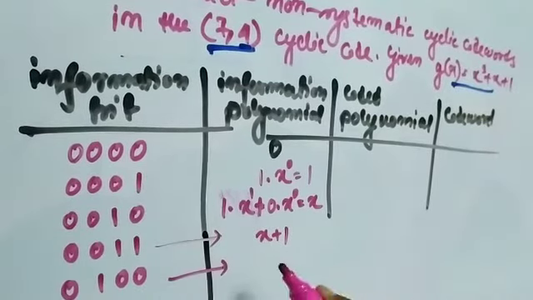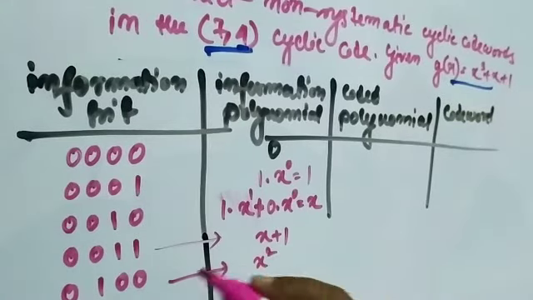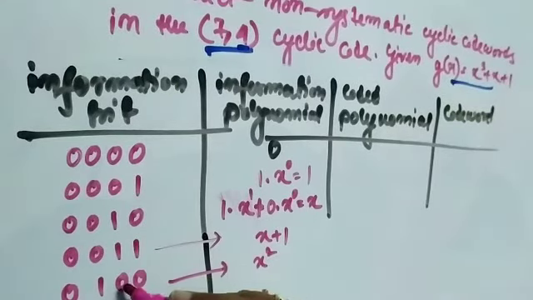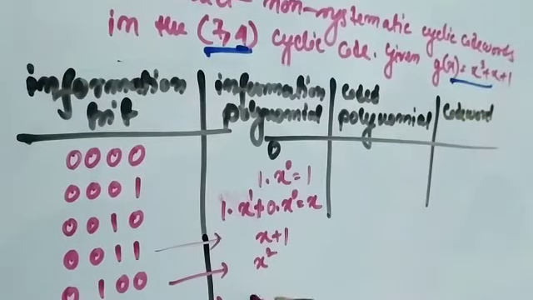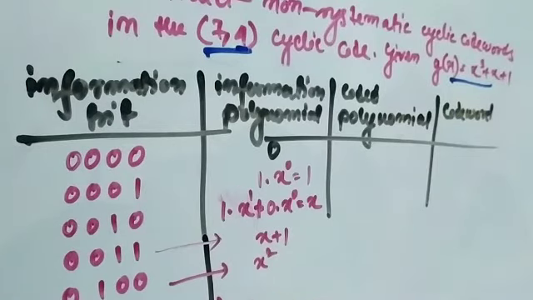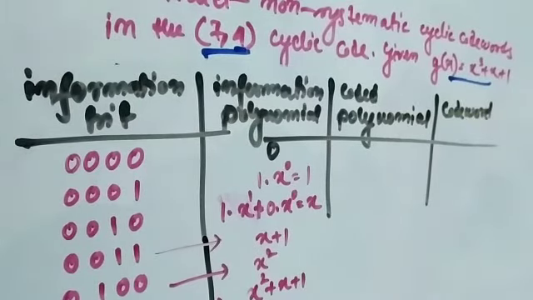In the fourth case, it is x square, because it is x to the power 0, x to the power 1, x square. In the next case, it is x square plus x plus 1. Likewise, do the total information polynomial yourself.